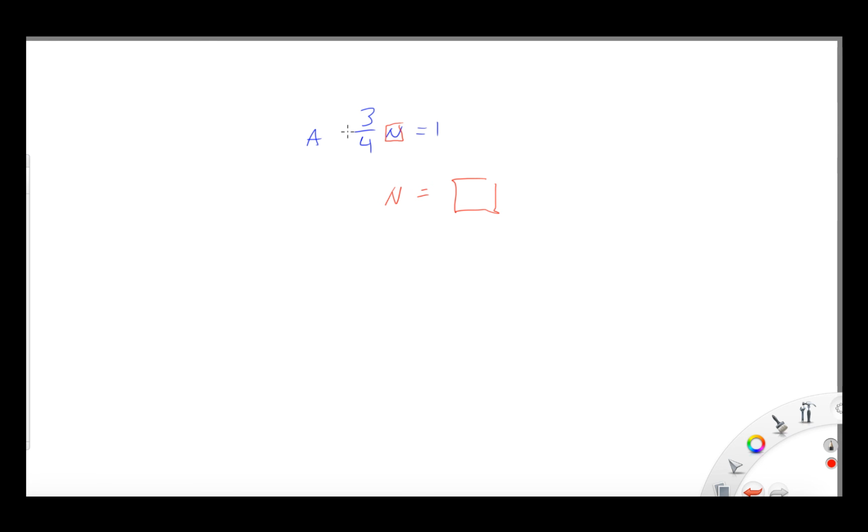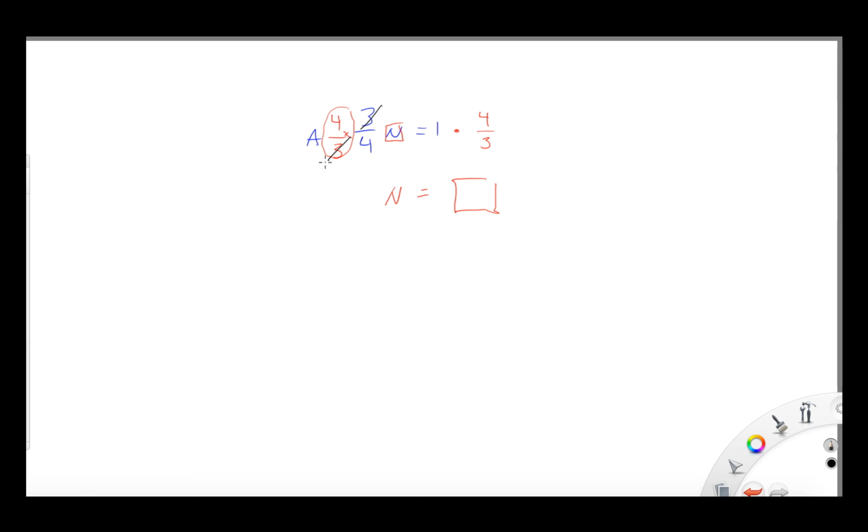All right, so how we do this is we multiply this fraction by its reciprocal, and what we do here we are also going to do on this side of the equation. Why? Well, I'll show you. We're going to be able to see this 3 up here and this 3 down here.